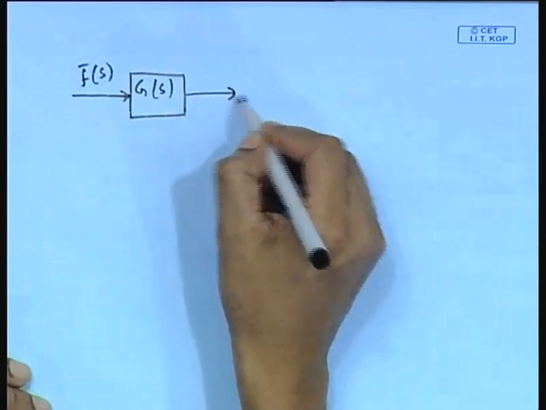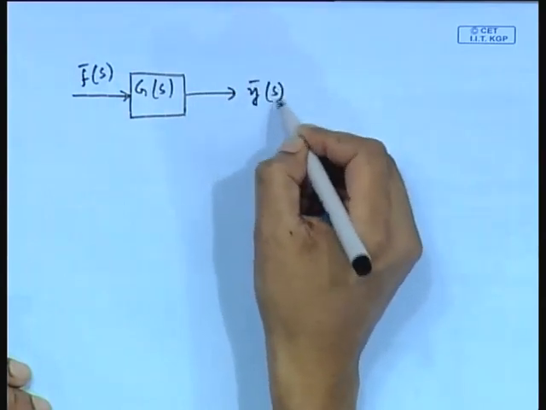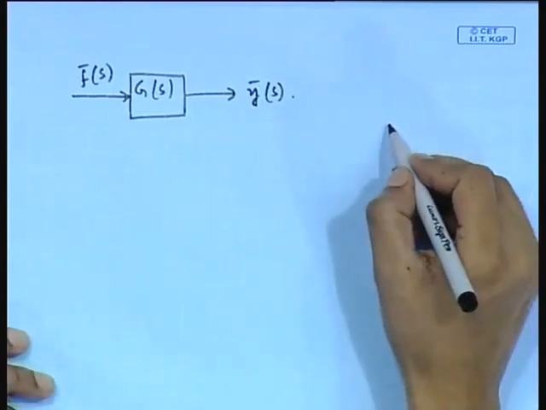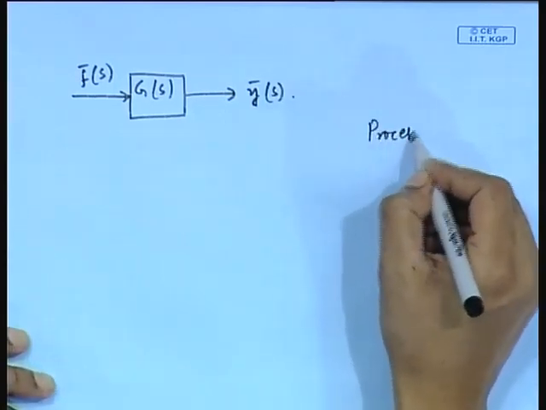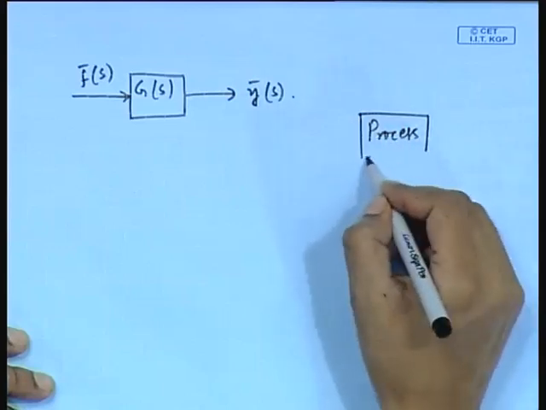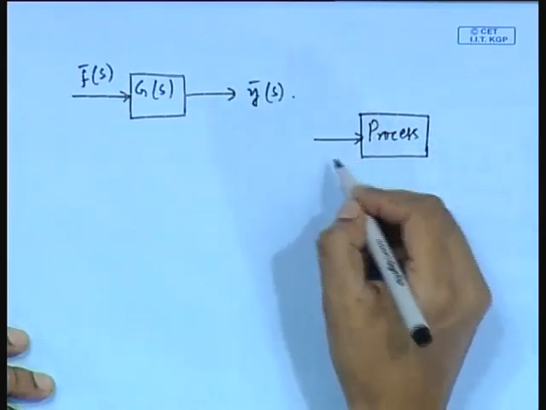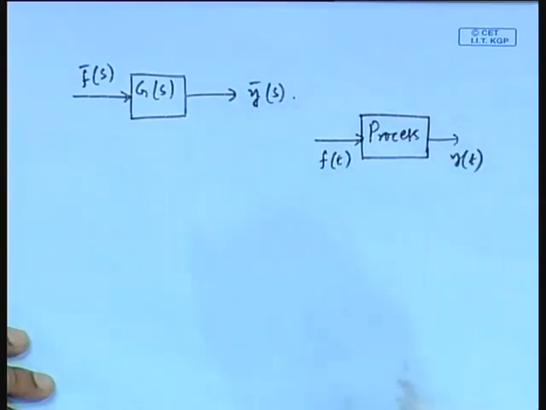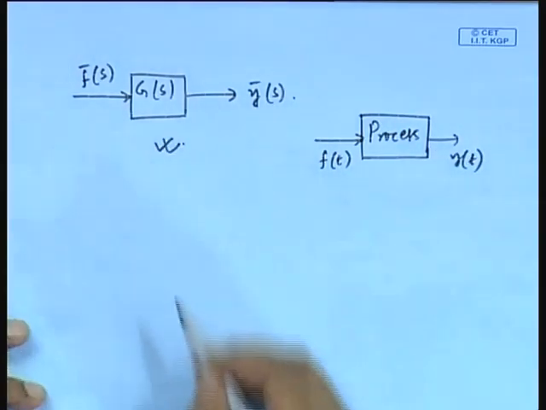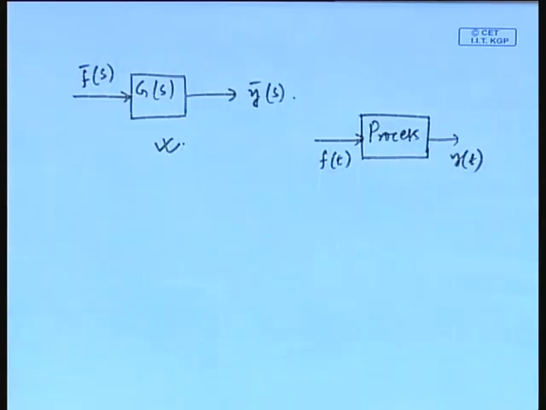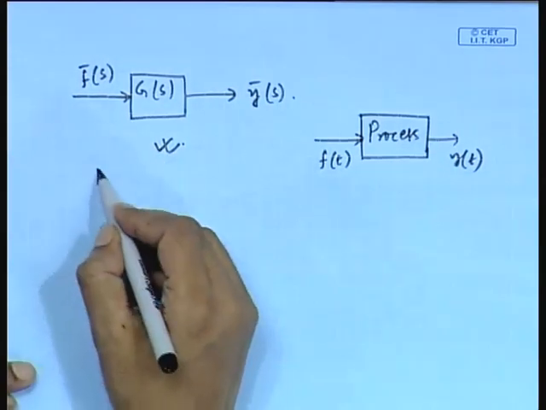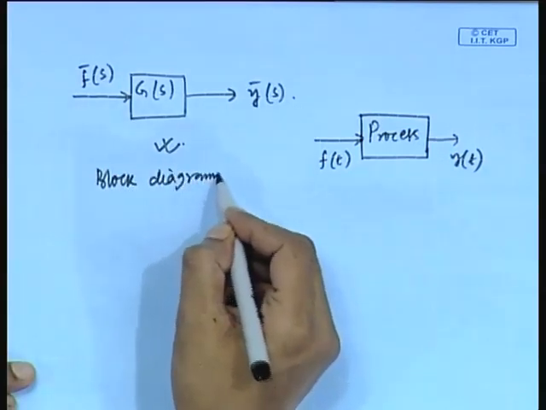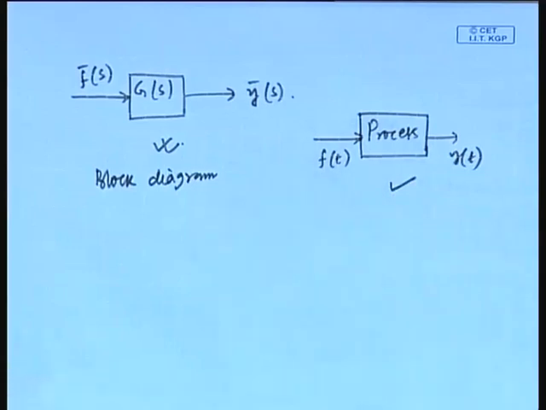Our output is in S domain. Fine. You recall the representation in time domain. Now, in Laplace domain, I mean S domain, we will represent in this way. So, this is the block diagram of this process.